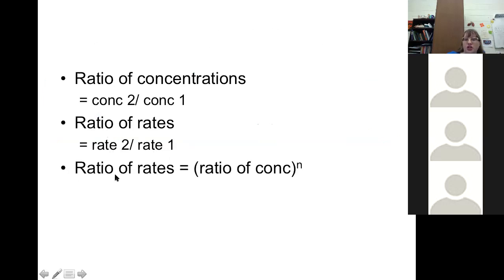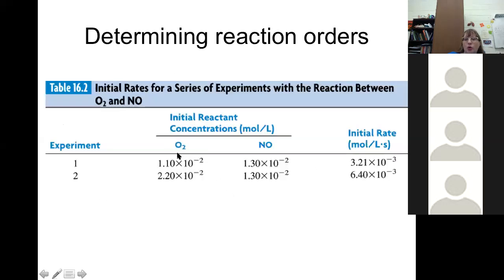So the ratio of the rates is going to be equal to the ratio of the concentrations raised to our exponent, n. Well, if they're equal to one another, then n must be 1. So if the ratios are equal, the order is 1. And so what we can tell then is that the order with respect to oxygen is 1.